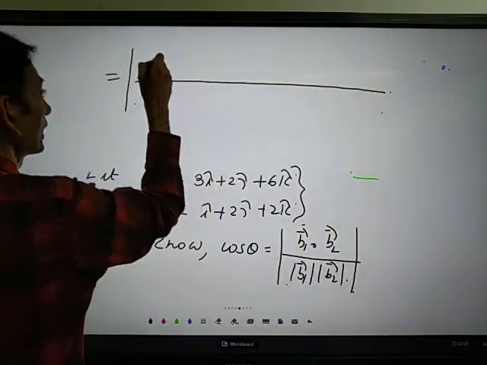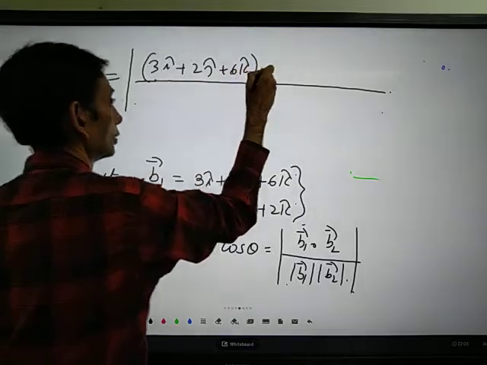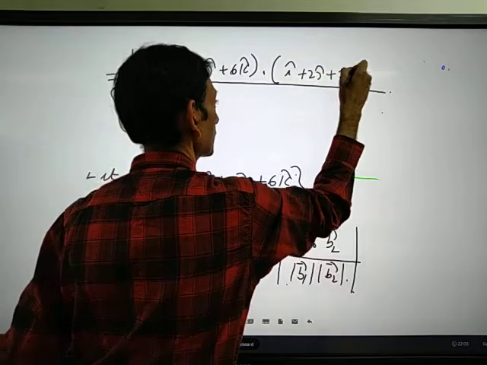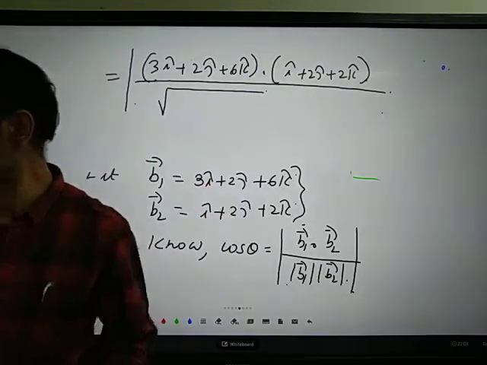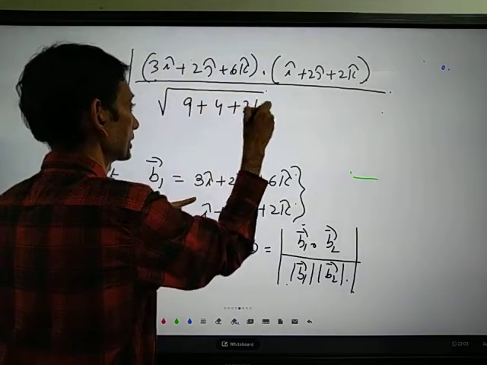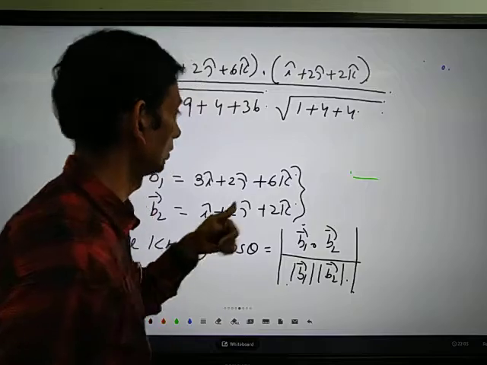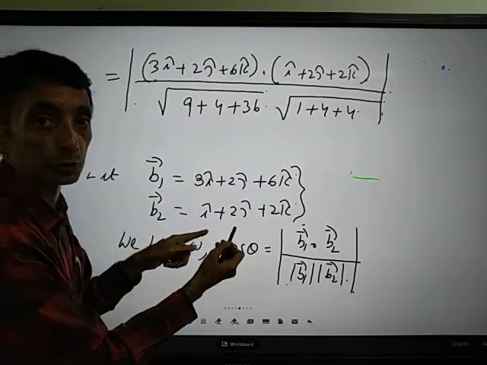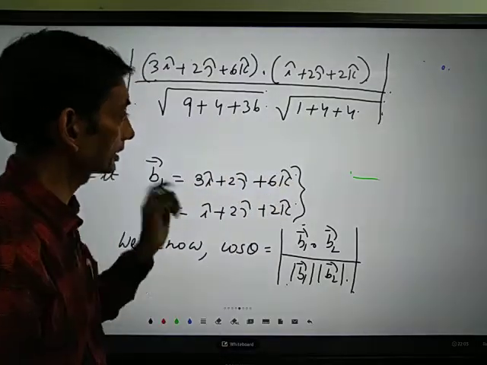So what is b1? 3i cap plus 2j cap plus 6k cap, dot i cap plus 2j cap plus 2k cap, divided by mod b1 mod b2. Mod b1 is the square root of 3 square 9, 2 square 4, and 6 square 36, so 9 plus 4 plus 36. Then mod b2 is 1 plus 4 plus 4.